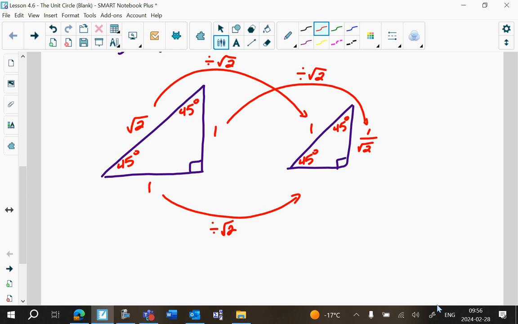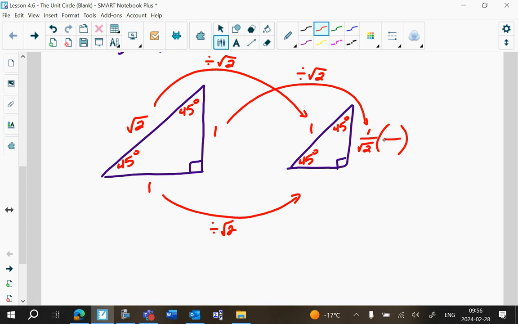But in the first unit, when we did radicals, I told you guys we shouldn't have radicals in the denominator. So this is not looking proper. Do you remember how to get rid of the radical in the denominator? We multiply it by something. What would you multiply it by?